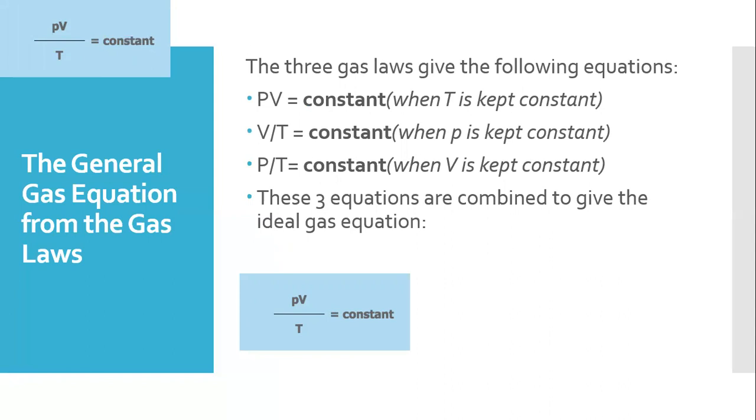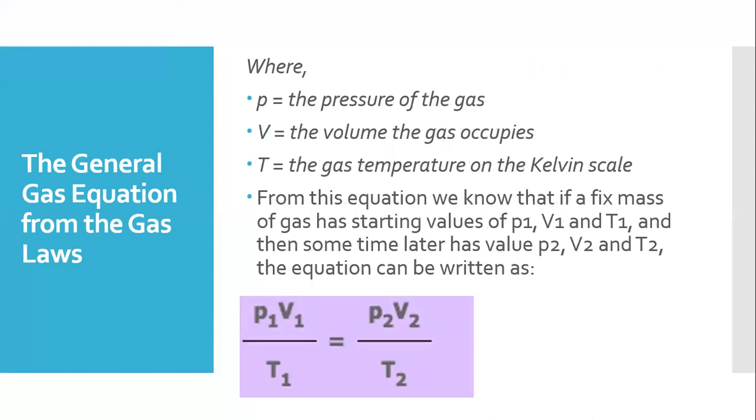Now these three equations are combined to give the general gas equation, that is PV over T equals constant. Here P is the pressure of the gas, V is the volume of the gas, and T is the gas temperature on the Kelvin scale.